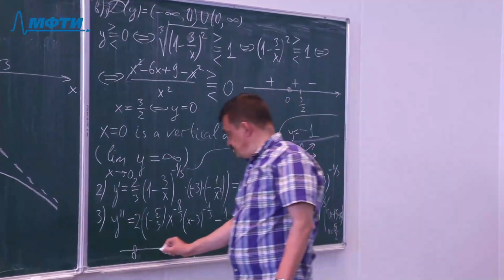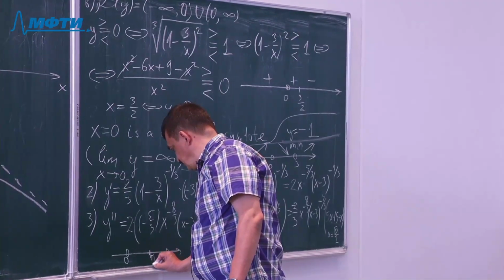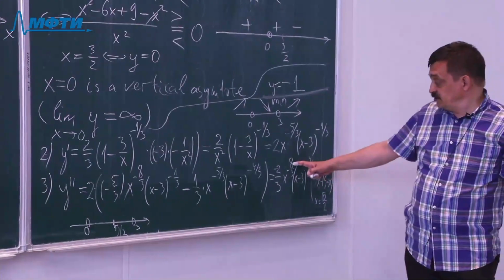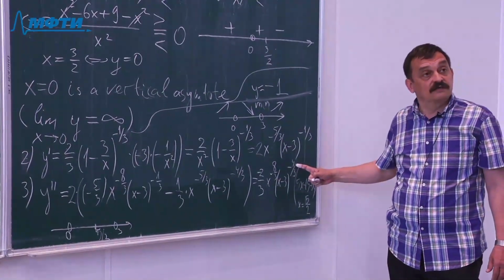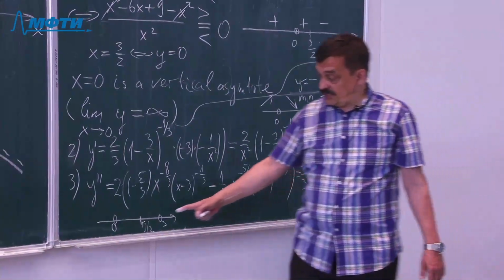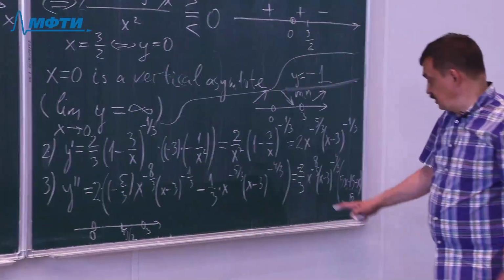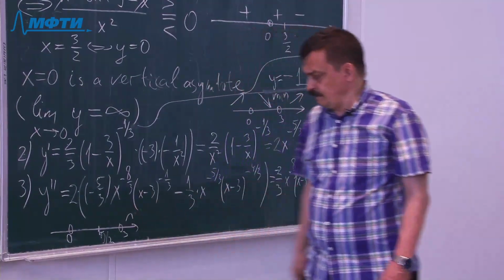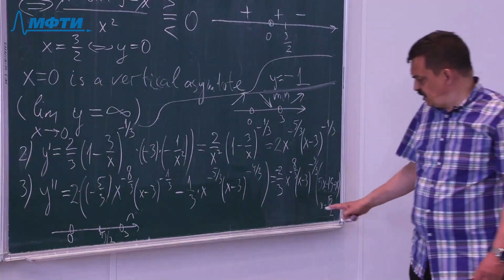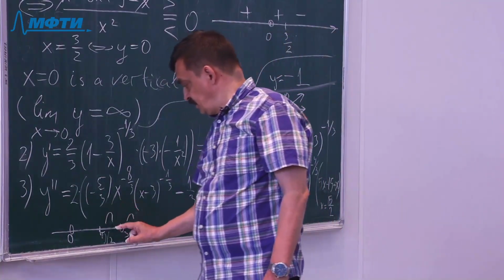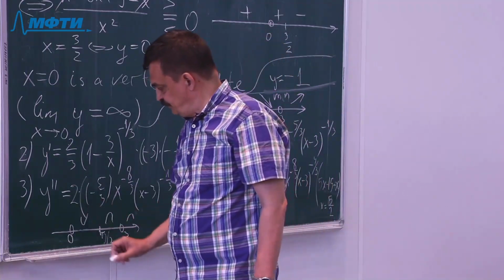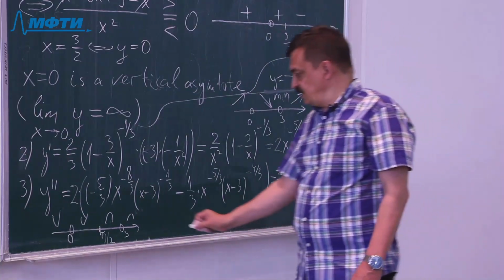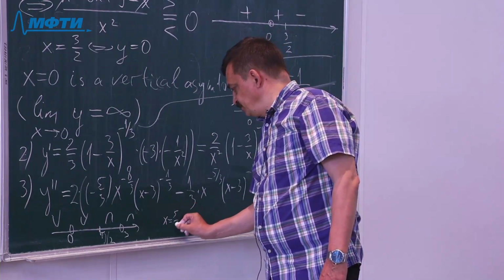So 5 over 2 is here. And you see, because of even powers, the second derivative doesn't change sign at 0 or 3. It doesn't change sign at 3, changes sign at 5 over 2, and doesn't change sign at 0. So x equals 5 over 2.